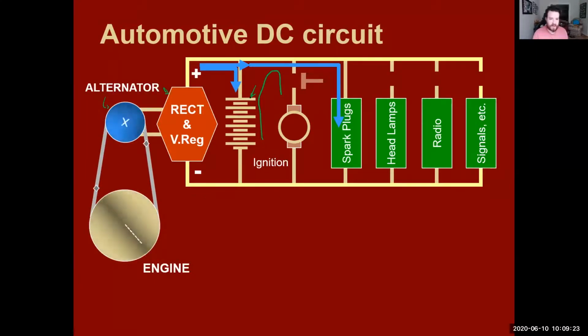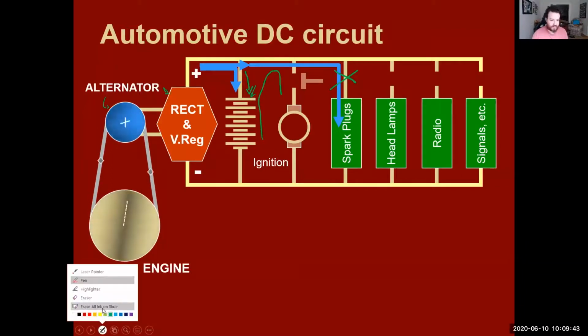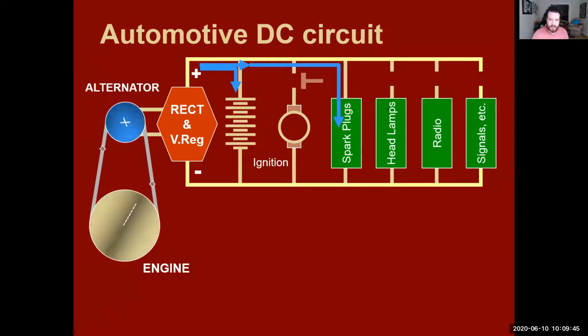So each one of these branches I can take away and cut into that spark plug line, and you will still have current going through and charging your battery. Your spark plug line is running, but your headlamps are off, your radio is off, your signals, everything else is off, but you're still having flow going through your spark plugs.